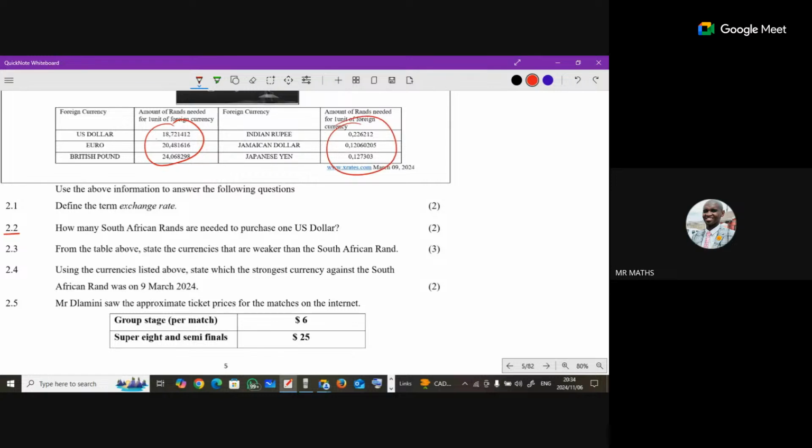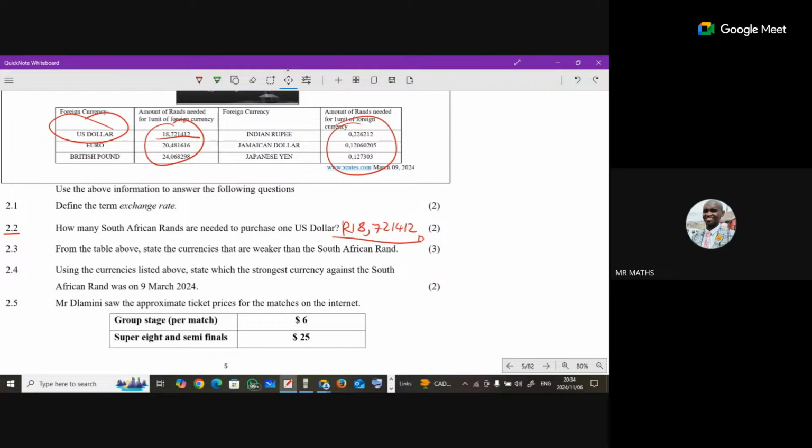So the rands that we need to purchase $1, this is $1. We need 18.72141 rands. So this is how much we need to purchase $1.